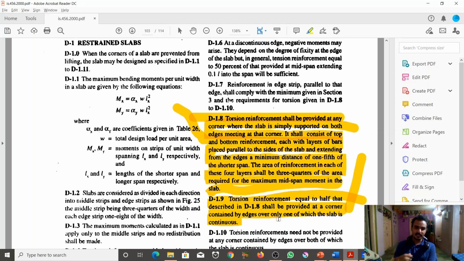Half of that described means, in D1.8, we described 3 by 4 of the area required for the middle span.